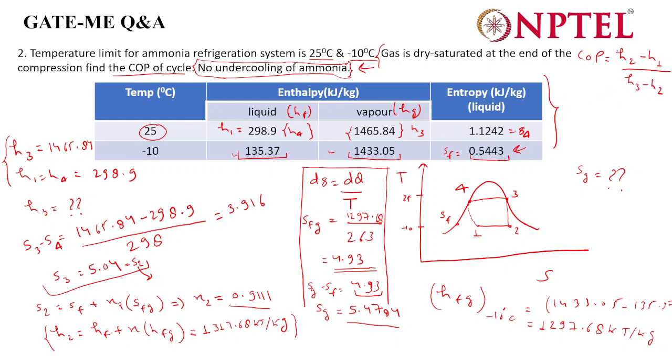This is the refrigeration effect, and this is the work input or power input. We know all the values H1, H2, H3, H4. So what is H2 minus H1, the refrigeration effect?